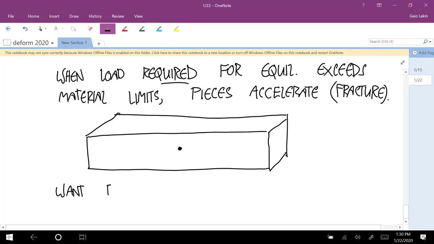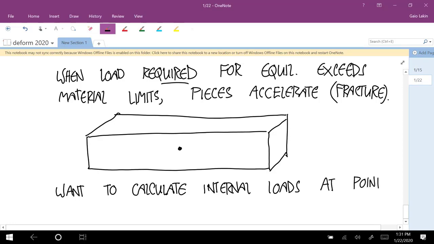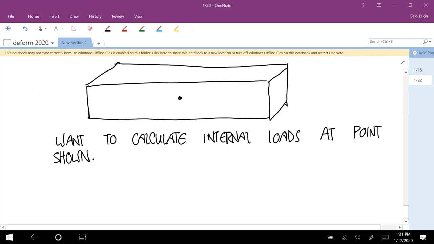So we want to calculate the internal loads at the point shown. And what are the internal loads? Those are the loads that are applied to that point by the surrounding material.